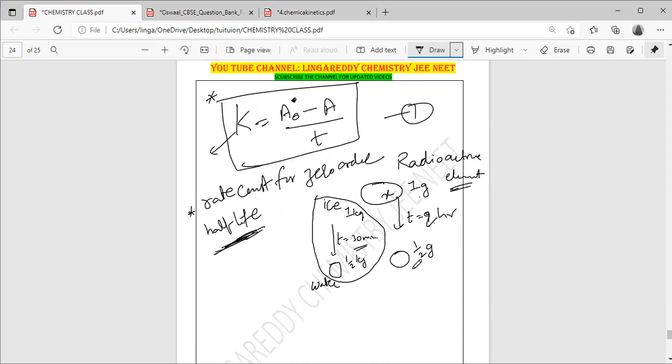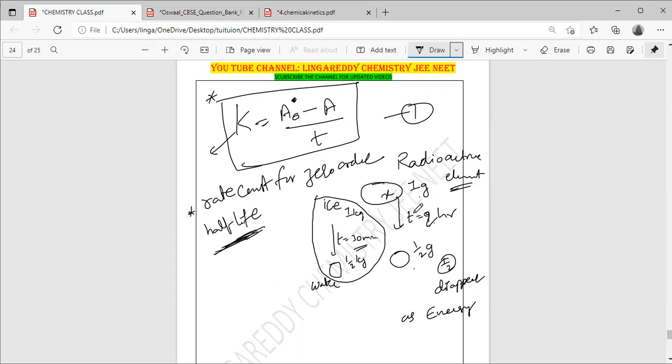But here, the remaining half gram will disappear, there is no extra object. It disappears in the form of energy. There is no mass, but it is converting into energy. Got it? Yes, sir.